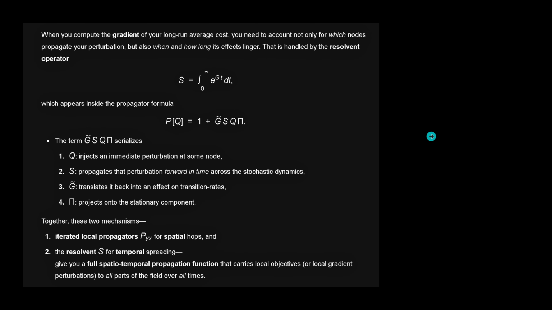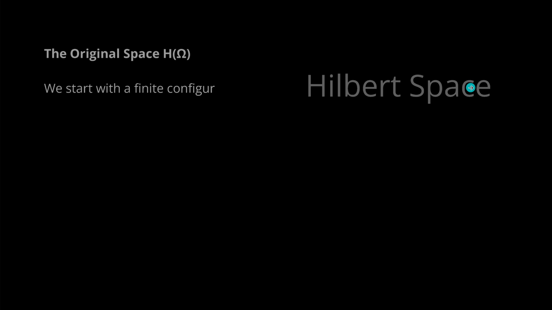I absolutely understand it. But think about it. This is important. Spatial hubs, temporal spreading, a fully spatio-temporal propagation function that carries now our local objective, if you want, our local learning, our local gradient perturbation, now with an operator to all the parts of the field of all the times. And guess what? We are there. Let's talk about the Hilbert space.